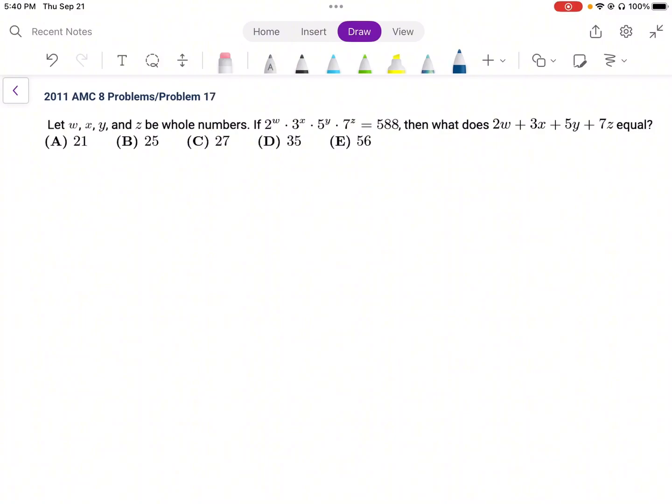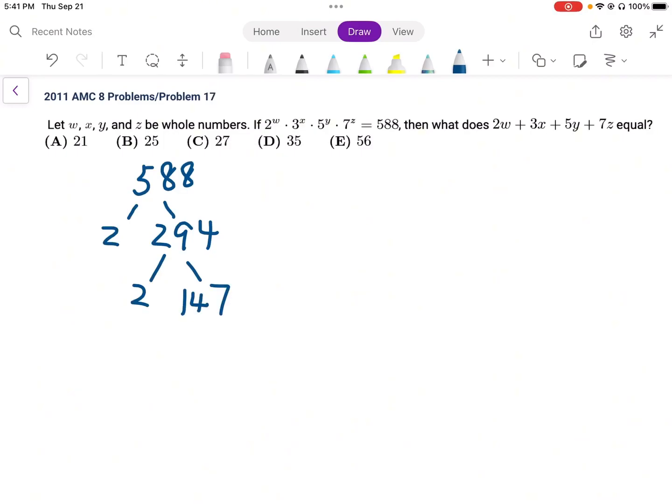Problem 17. To solve this problem, let's first write out the prime factors of 588. 588 divided by 2 equals 294, and 294 divided by 2 equals 147, and 147 divided by 3 equals 49, and 49 equals 7 multiplied by 7.